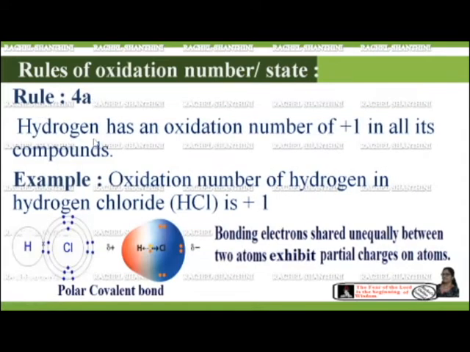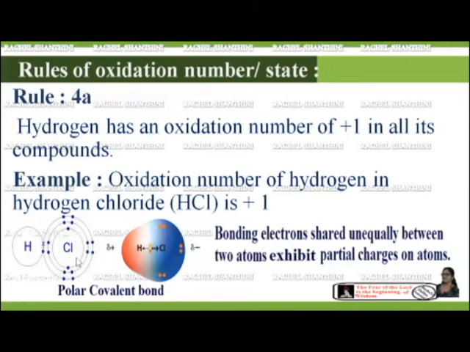Rule 4a, hydrogen has an oxidation number of +1 in all its compounds, but it has an exception that we will see in rule 4b. Here we have taken hydrogen chloride as an example. Hydrogen has 1 electron in its orbit, so it has the tendency to give 1 electron to become stable. Chlorine has 7 electrons in its outermost orbit, so it has the tendency to accept 1 electron to become stable. In hydrogen chloride, though it looks like a sharing of bonding electrons, it is not a complete covalent bond.